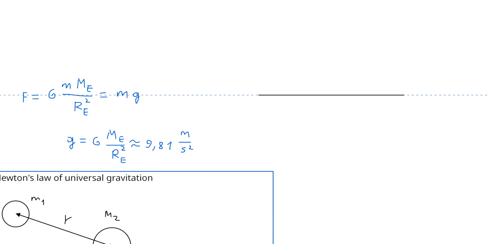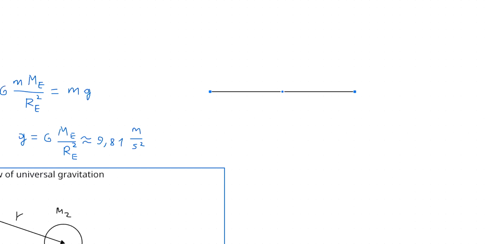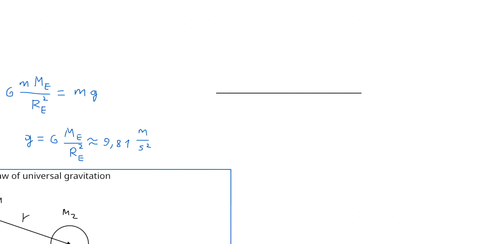Rough means that it is not flat and smooth. It is rough, and rough means that there is interaction between this surface and the body upon it.